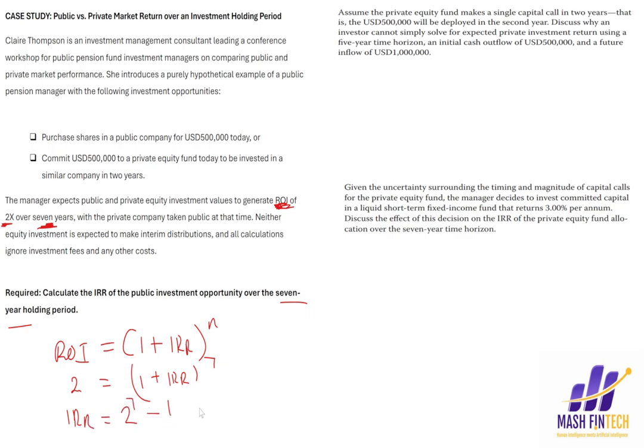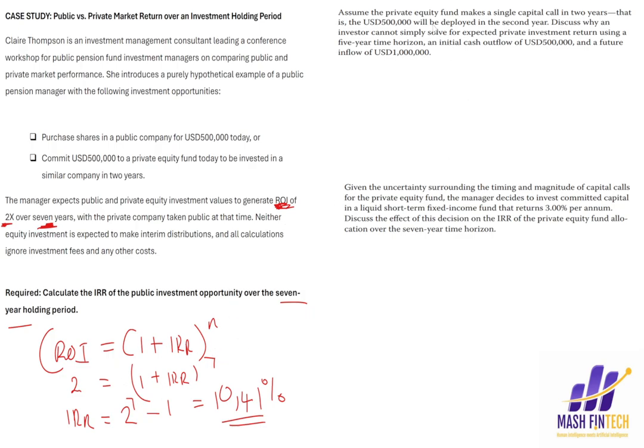And then you multiply this by 100%. You are going to get 10.41%. So this is how you calculate the internal rate of return for the 7-year holding period. You use the return on investment, which is given to you as 2. This is given. All right, so this is straightforward. Let's go to the second one.